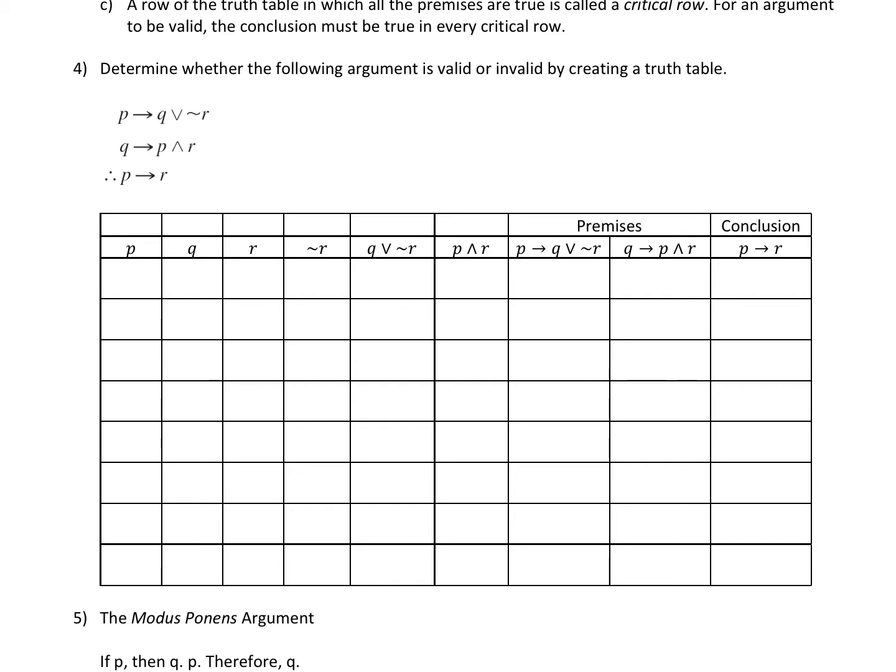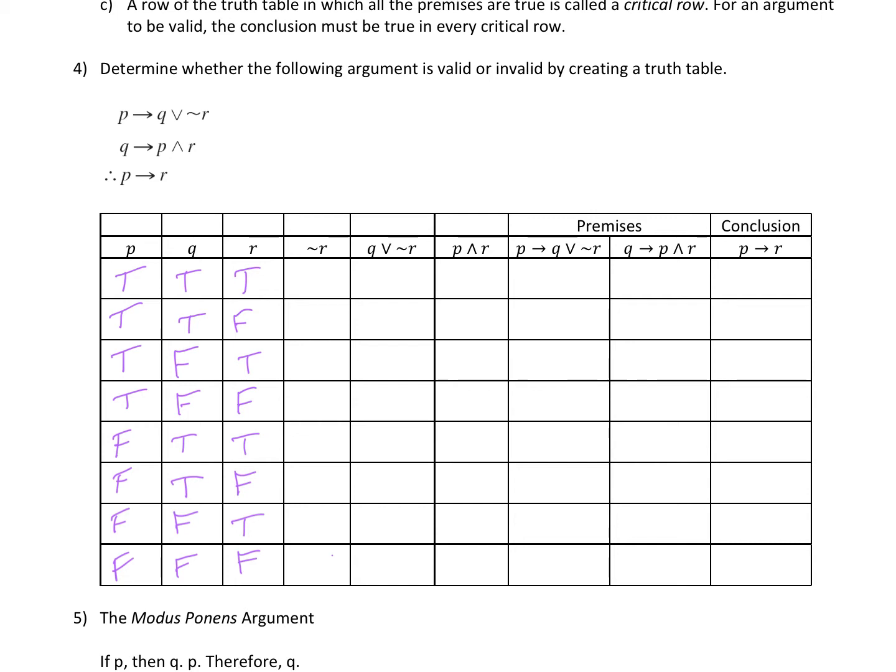So I have three statements, P, Q, and R. So I could have 8 different true-false combinations. Okay, so those are all my P, Q, R true-false combinations.